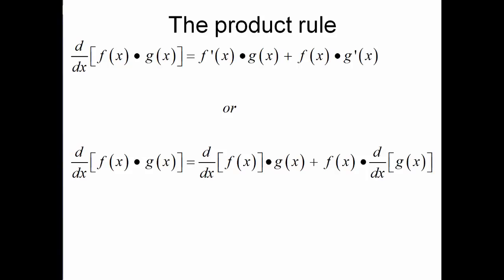So instead of f prime here, we're just using the notation d over dx to represent take the derivative with respect to x. So over here, take the derivative with respect to x of the function g. These two mean exactly the same thing. I'm just giving you both notations so that you understand, depending on how it's written in a book or something like that. So let's take a look at the product rule at work.